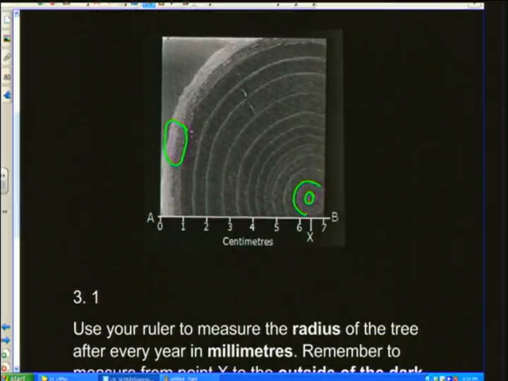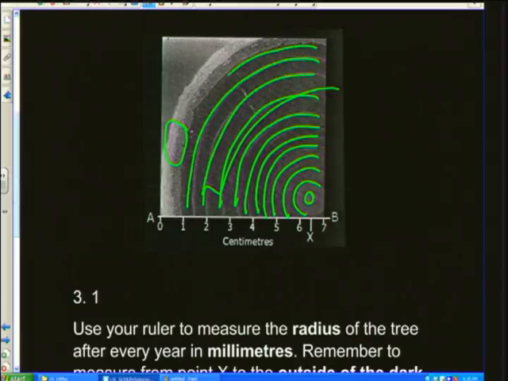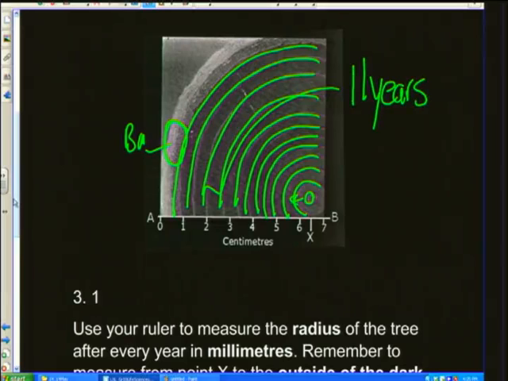So we start: 1, 2, 3, 4, 5, 6, 7, 8, 9, 10, there we go, 11. Remember, that's the bark, and each of those from here is an annual ring. So already we know that the tree is 11 years old, just by following the rings.